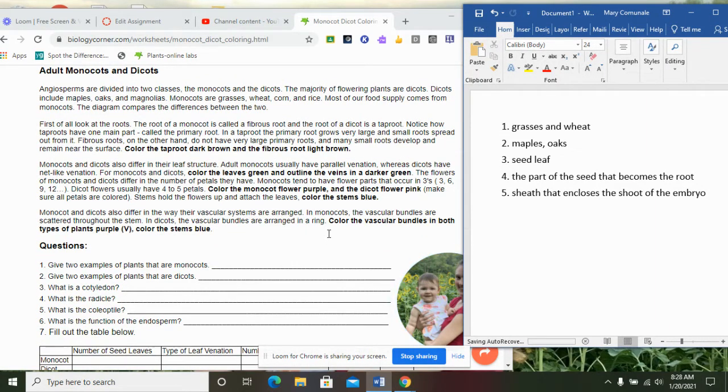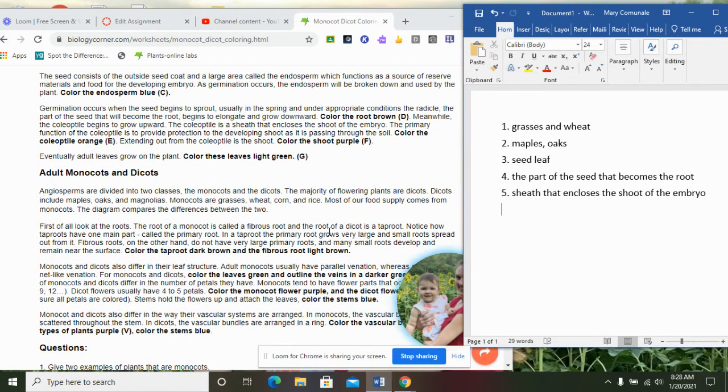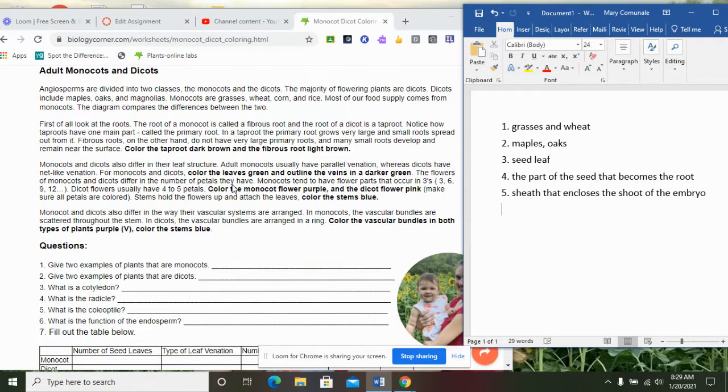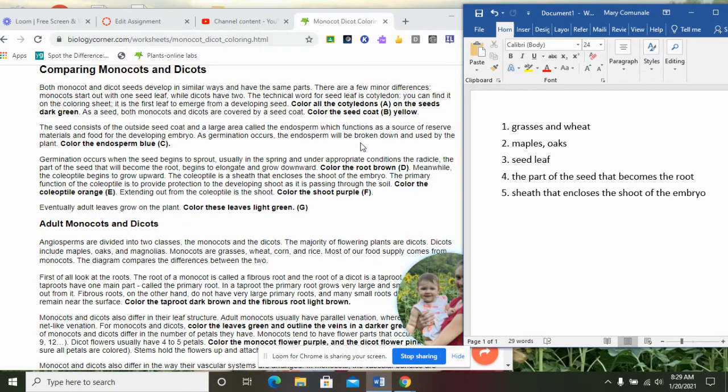And what is the function of the endosperm? Did we get there yet? Oh, yes, we did. Endosperm will be broken down and used by the plant.